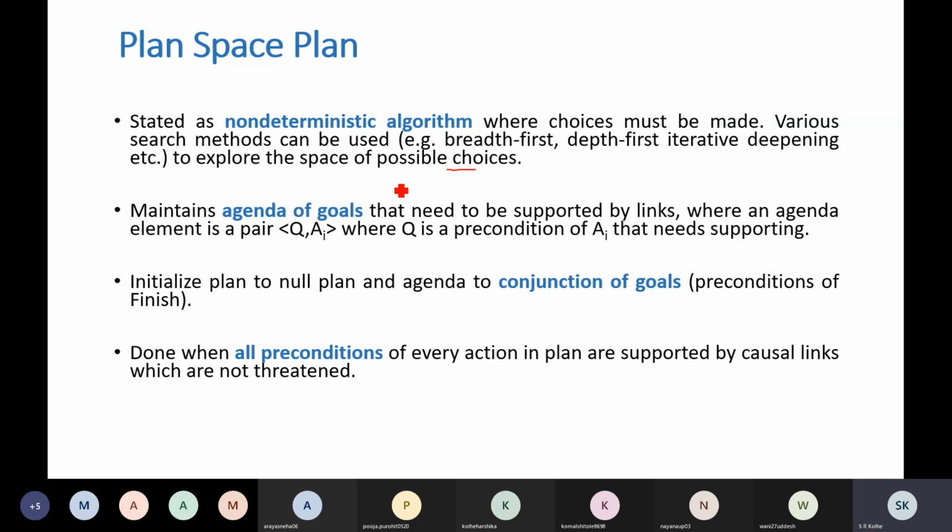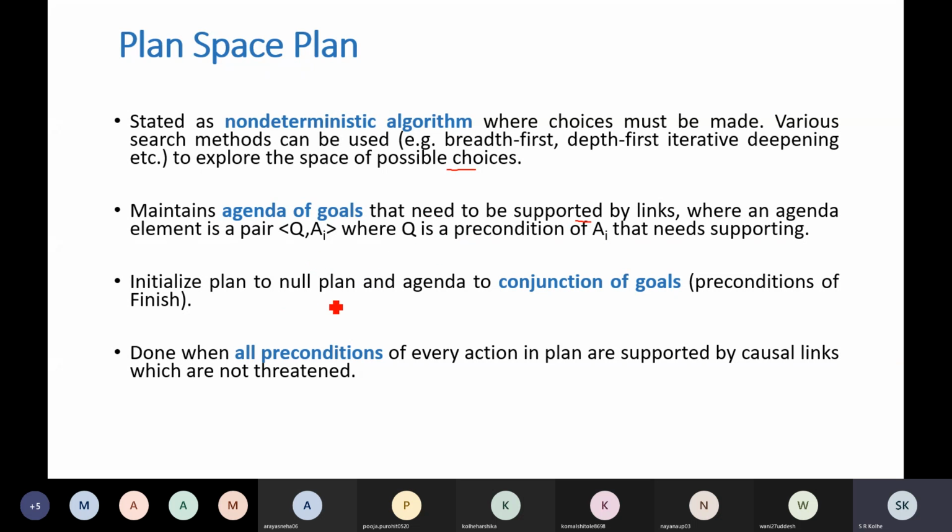We will maintain an agenda of goals that need to be supported by links, where an agenda element will be an ordered pair Q, A_i, where Q is a precondition of A_i that needs supporting. Right?